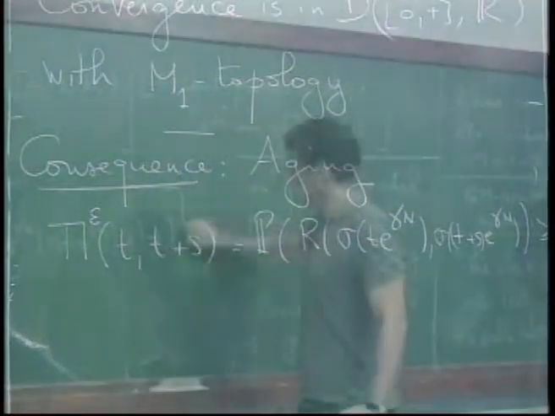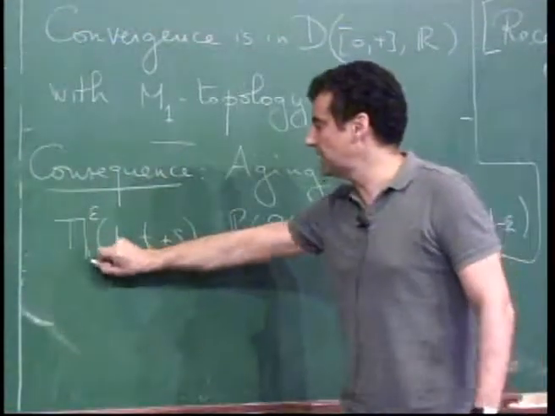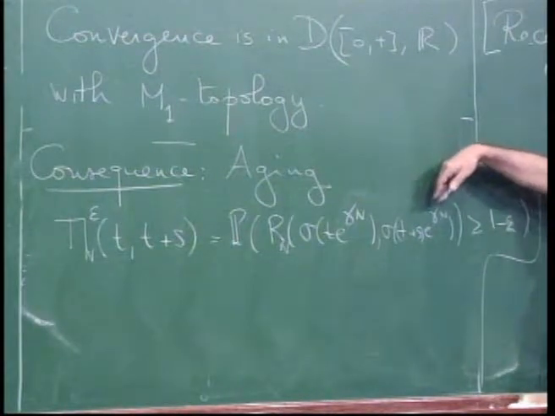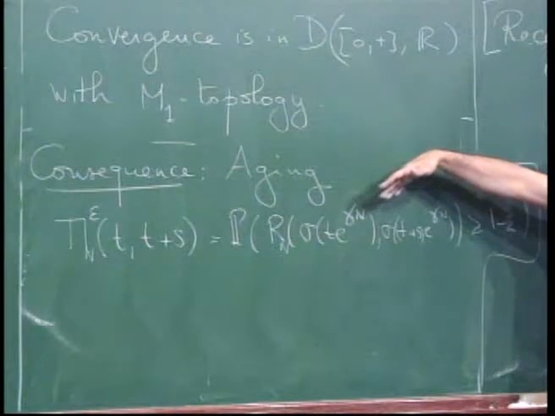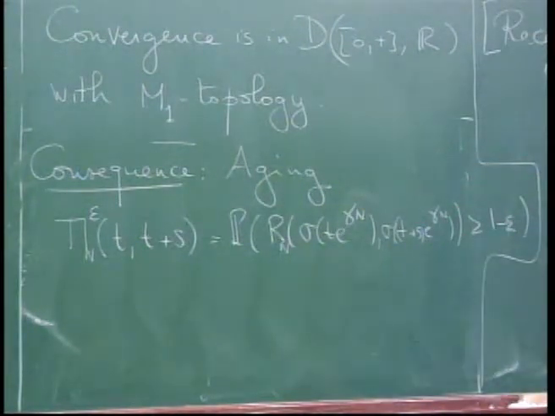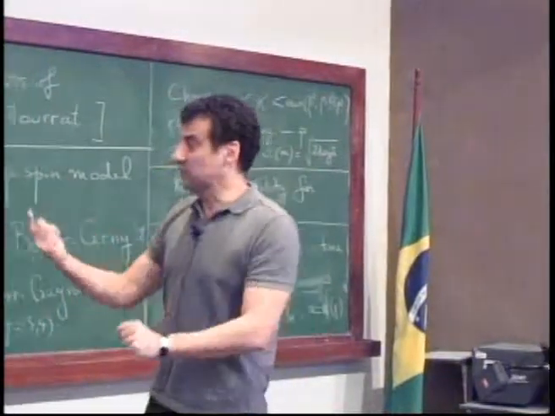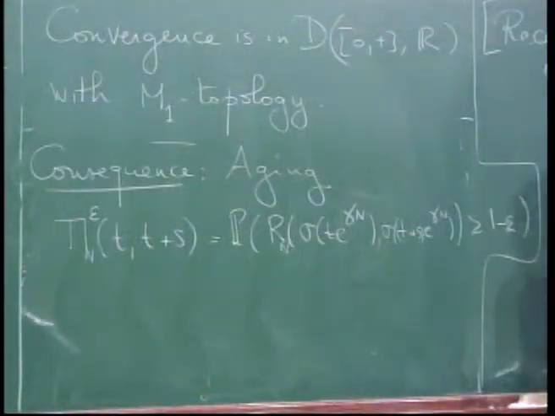So what is this? This is the overlap. I could put an n here if I want. Remember, the overlap is 1 when the 2 points are the same. So this looks like what Alex was describing: what is the probability that this random walk he had was at the same point? And this was aging at 2 different times. Here we're not looking at that because it's asking for too much on the cube.